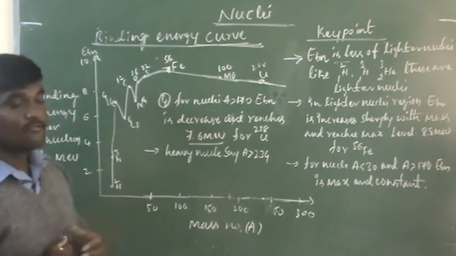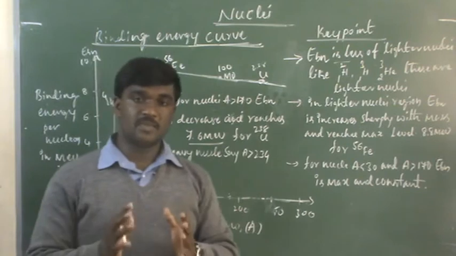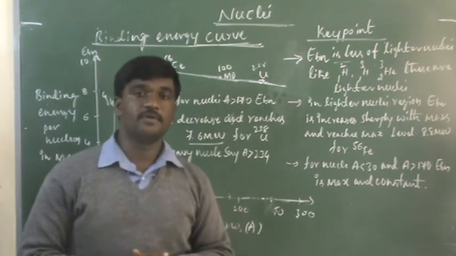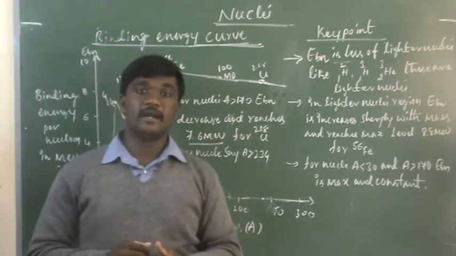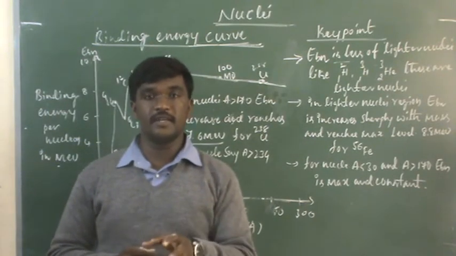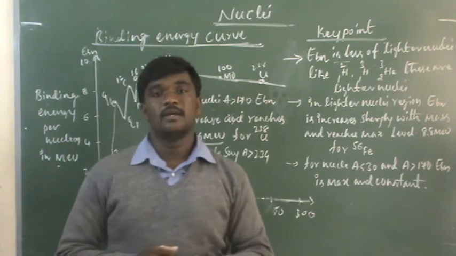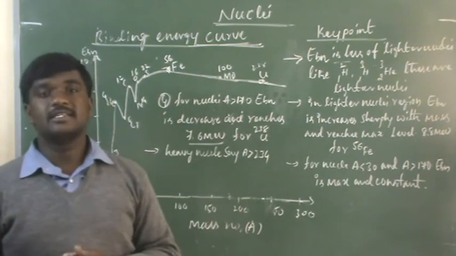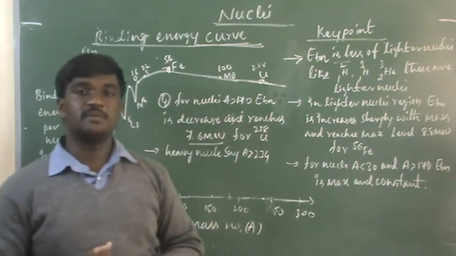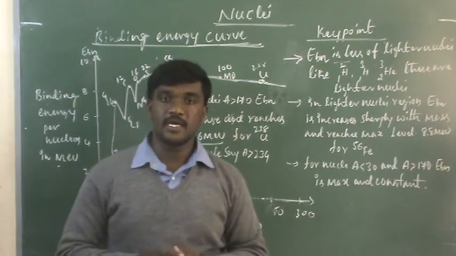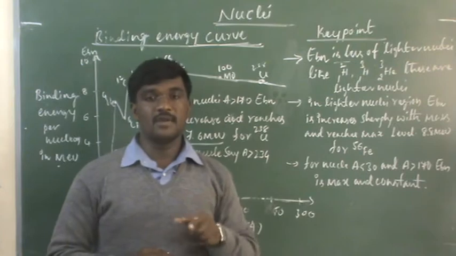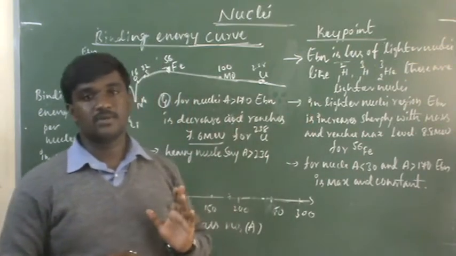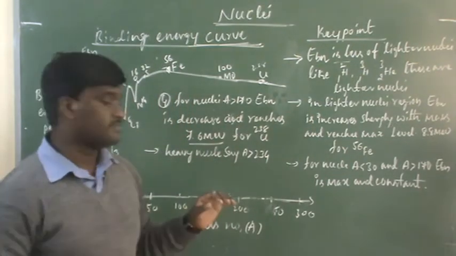In the same way, for heavy nuclei, mass number greater than 234, the binding energy per nucleon is less under nuclear fission reaction. In this process, the energy is released. What is nuclear fission? A heavy nucleus splits into two lighter nuclei. Heavy nuclei means mass number greater than 234, 238 like that.